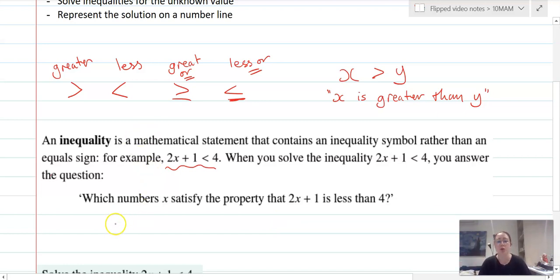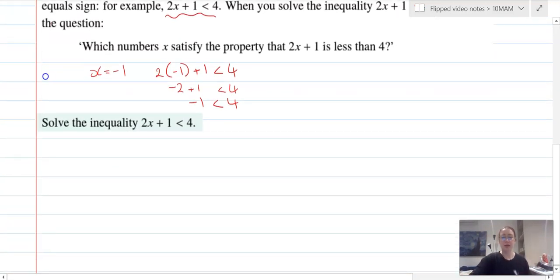If you put in x equals -1, you'd have 2 times -1 plus 1 is less than 4, so -2 plus 1, which is -1, is less than 4. Yes, -1 is less than 4, so we know at least -1 satisfies that inequality.